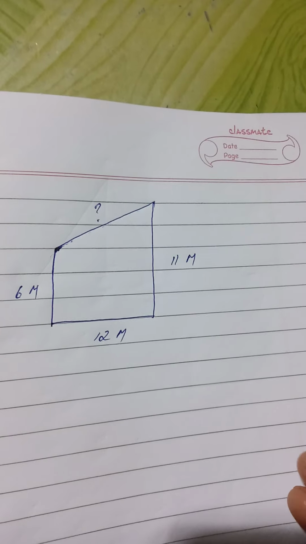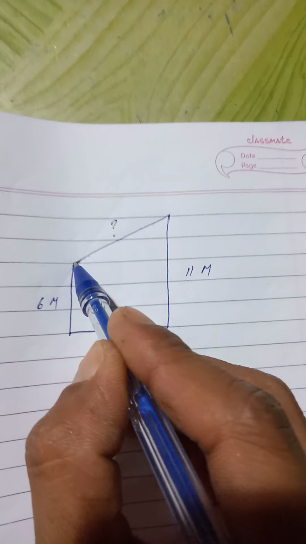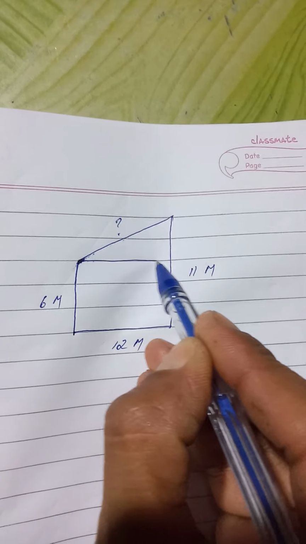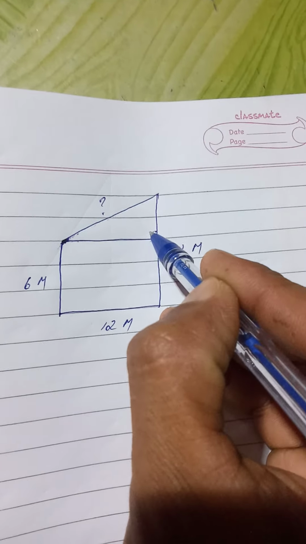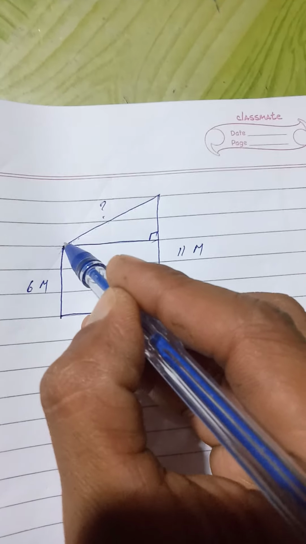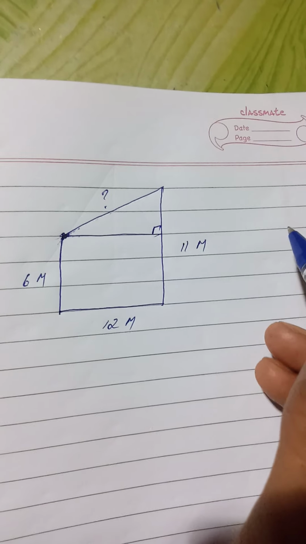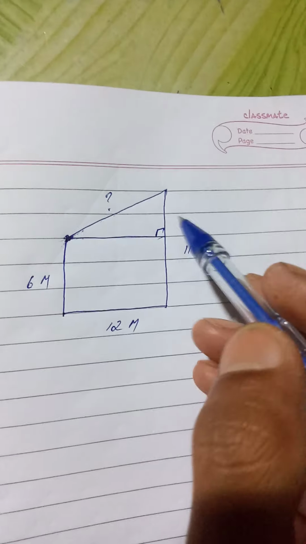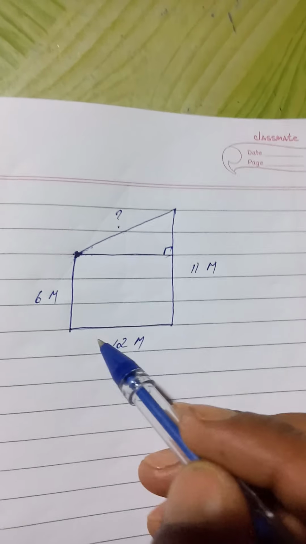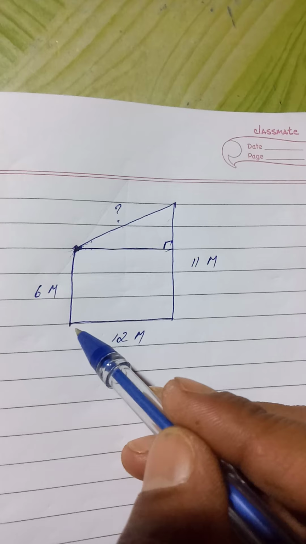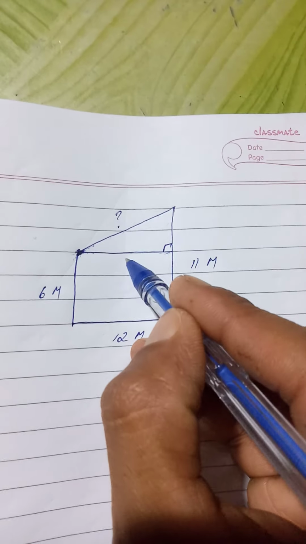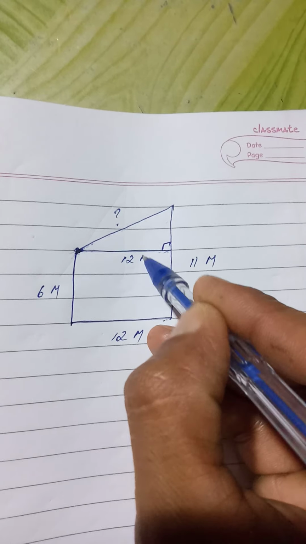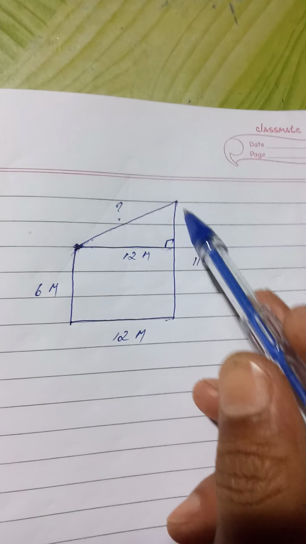So in here we don't have a right angle triangle, so we have to construct, we have to draw this line. So this is 90 degree. If this is 12 meters, this one also will be 12 meters, because these two poles stand straight.